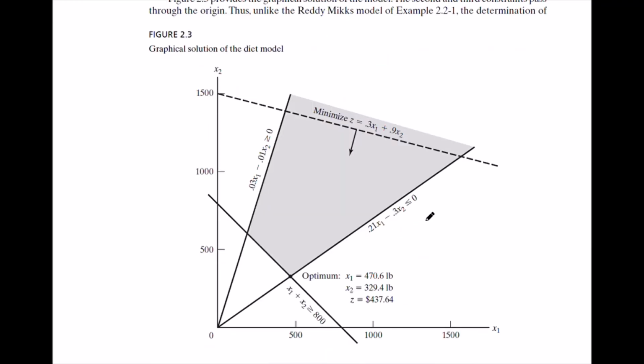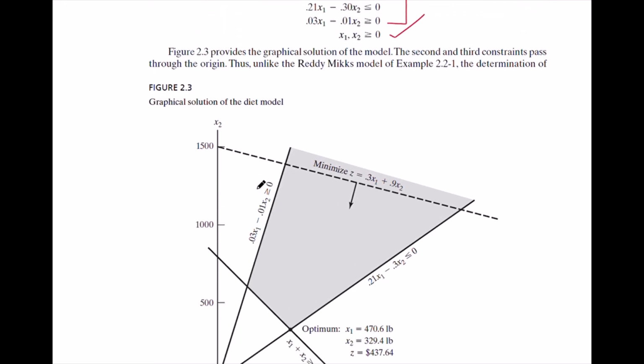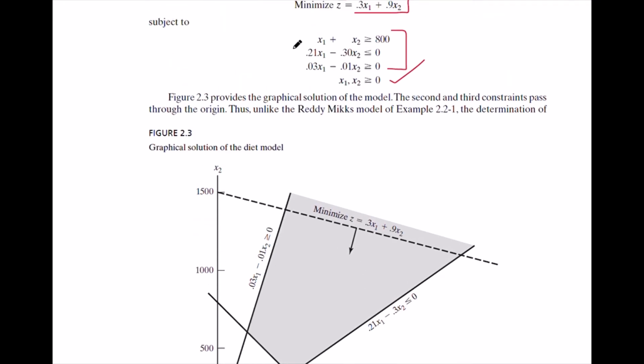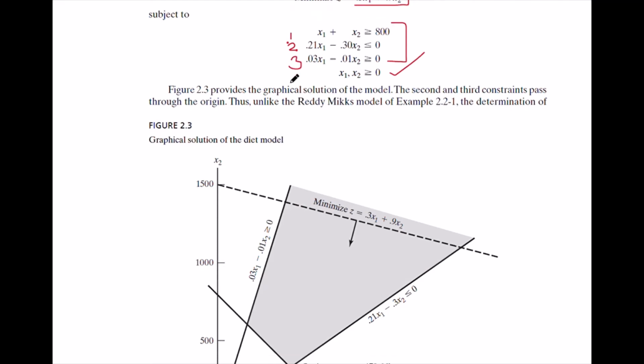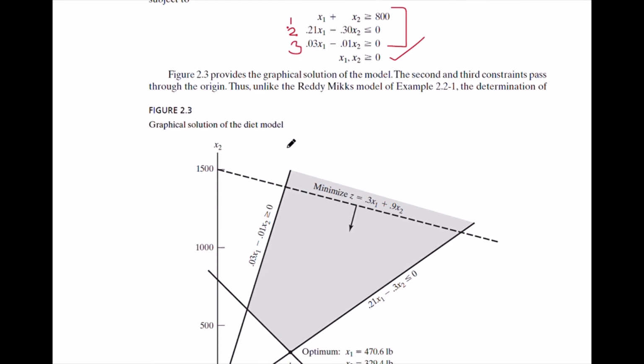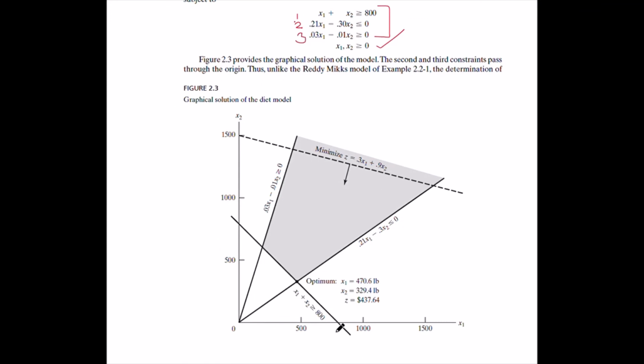If we plot the graph, we will get this: constraints number 1, 2, and 3 are drawn. This is the line for constraint number 1, this is the line for constraint number 2, and this is the line for constraint number 3.